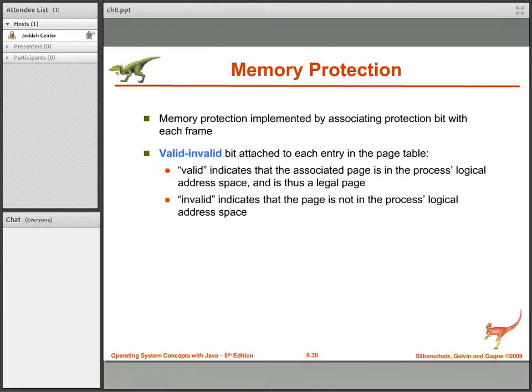In the invalid case, if you put an invalid bit, this indicates the page is not in the process logical address space.